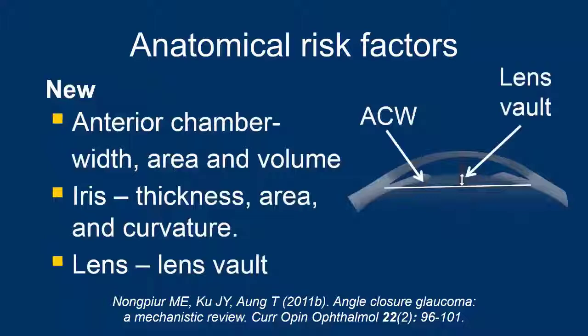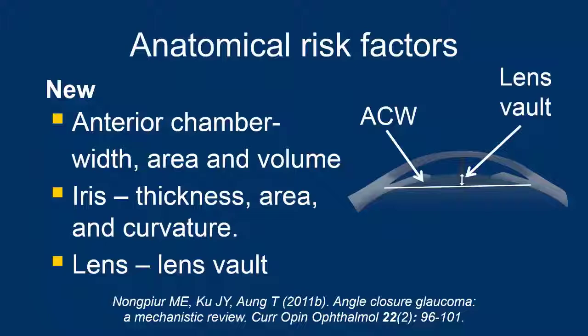And now with the advent of anterior segment imaging, we can be more specific about exactly what's going on. And it's not just necessarily about the lens, but it might be about the dimensions of the anterior chamber. So a small width anterior chamber with a thick iris. Typically, these are features of Asian eyes with angle closure compared to Caucasians.